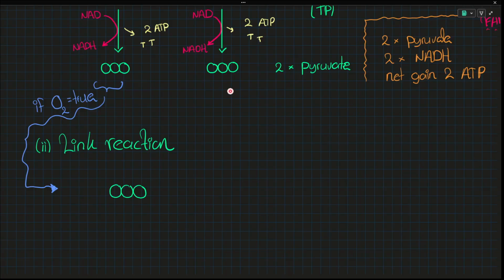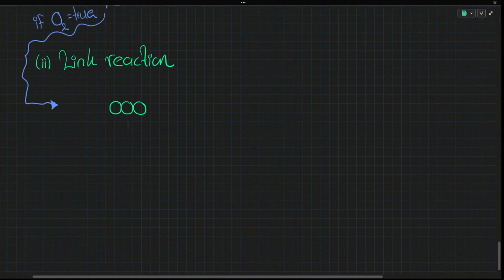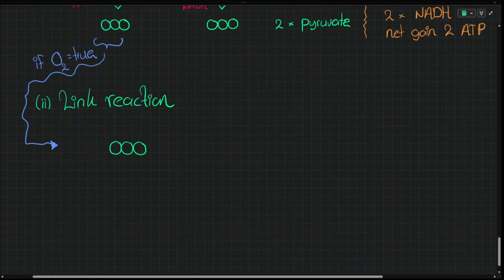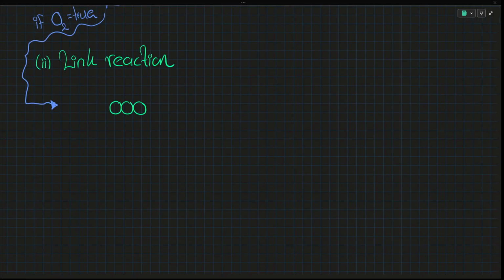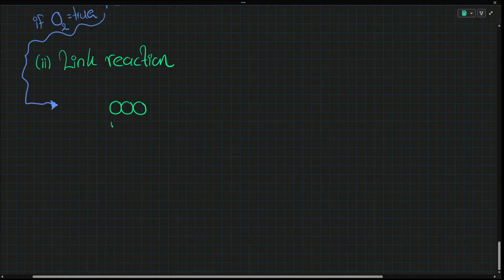Now, if that made no sense, completely fine. Throw that out of your head. Let's focus on the link reaction. I took one pyruvate all the way down, and the link reaction is very simple. Nothing special happens. Here, we're just trying to make this pyruvate able to enter the Krebs cycle.